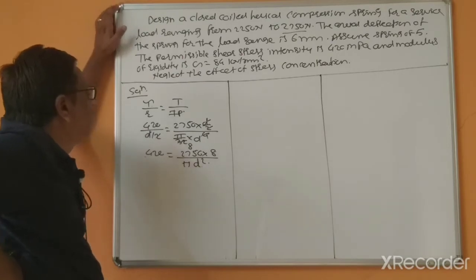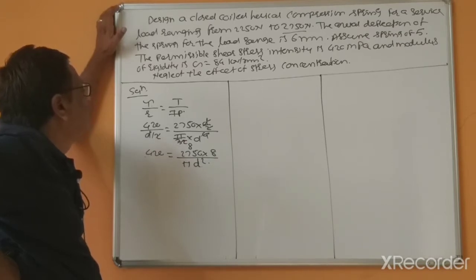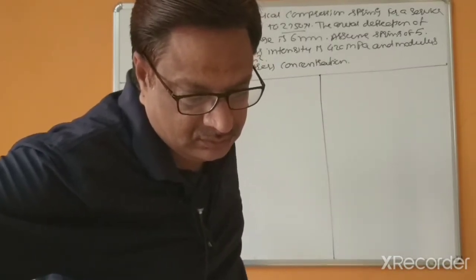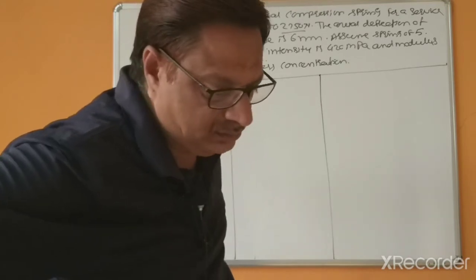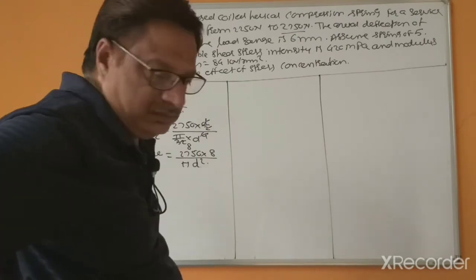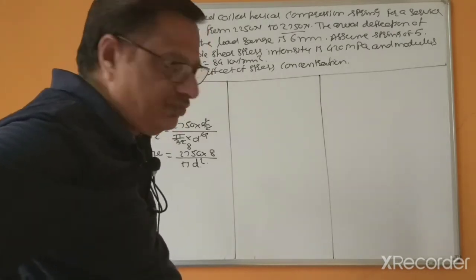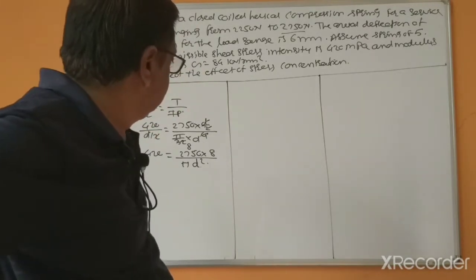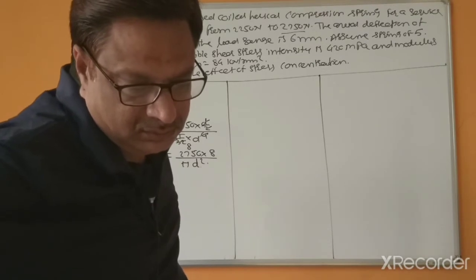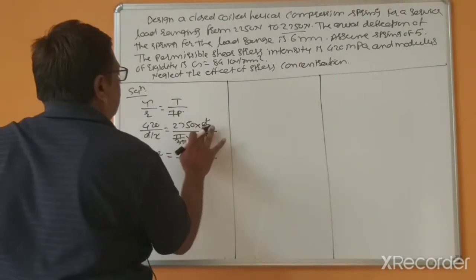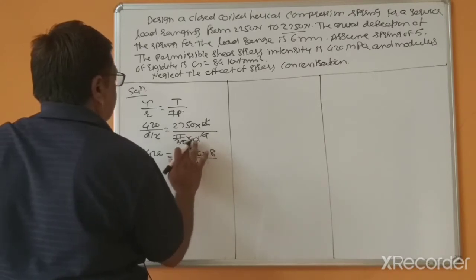This is correct. This is the formula for tau equal to 8PD, and this is 16.